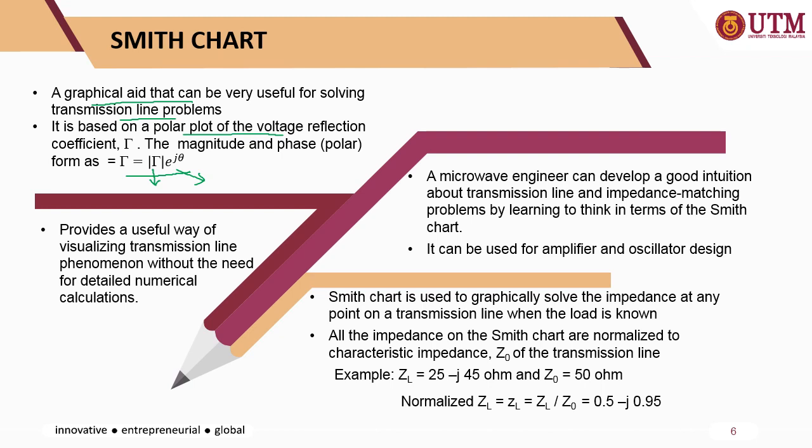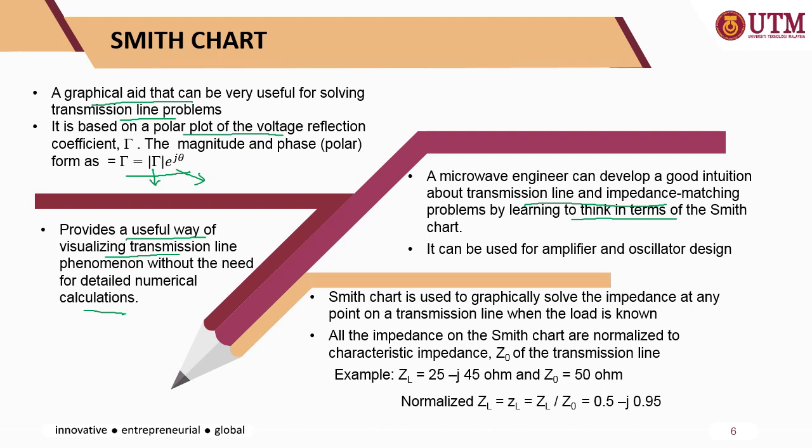And a Smith chart provides a useful way of visualizing transmission line without the need of calculation, as I mentioned earlier. A microwave engineer can develop a good intuition or overview about the transmission line and also impedance matching by looking at this Smith chart.